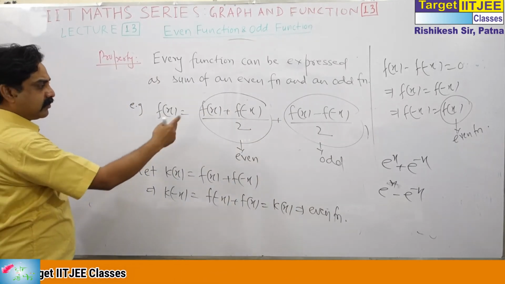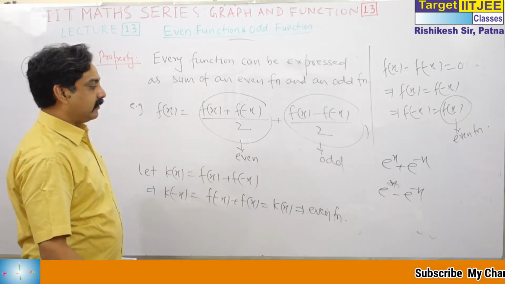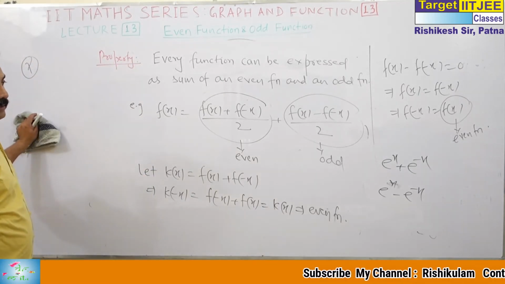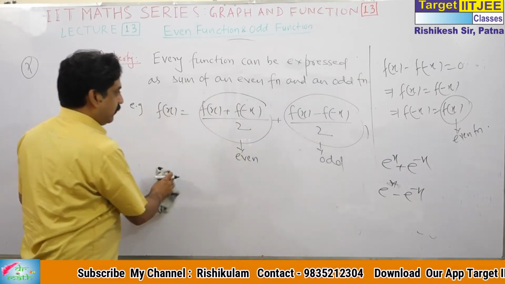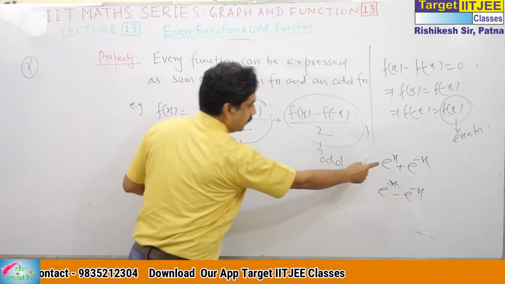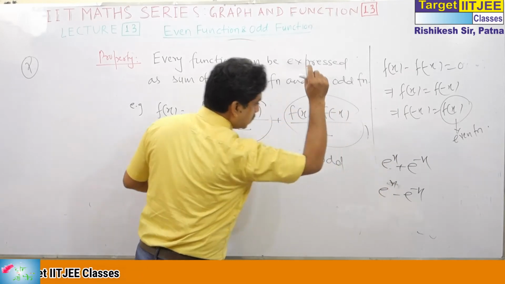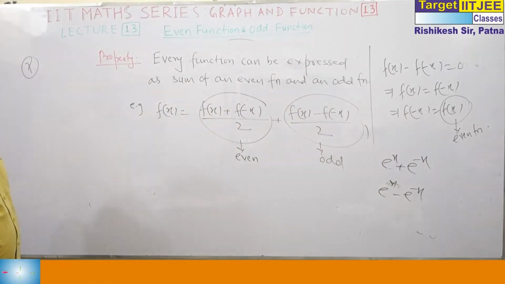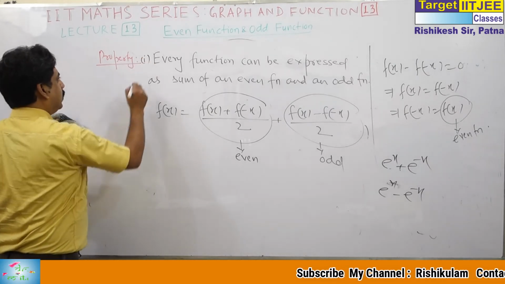The 2 doesn't matter, a constant term will not hamper the sign. So this is the fact. Wherever you see a function, add some function as I have told. Here e to the x is neither, but this is even, this is odd. The 2 doesn't matter.